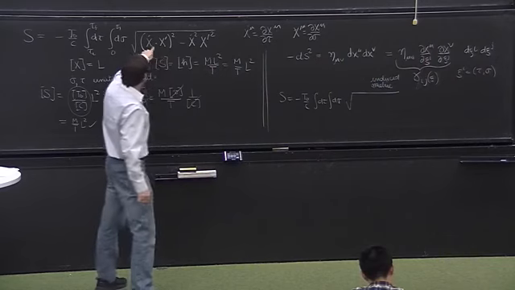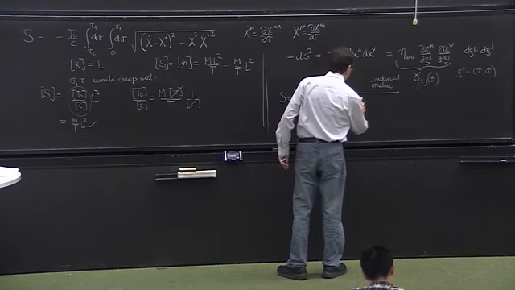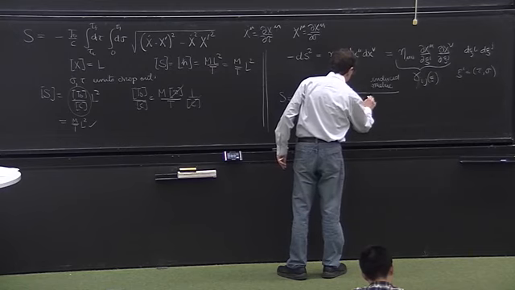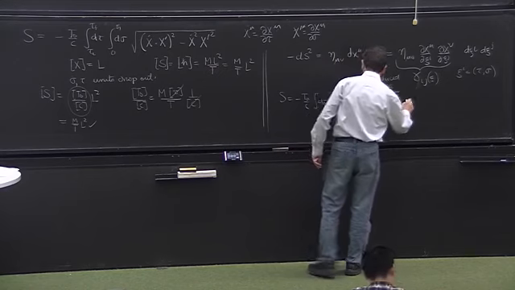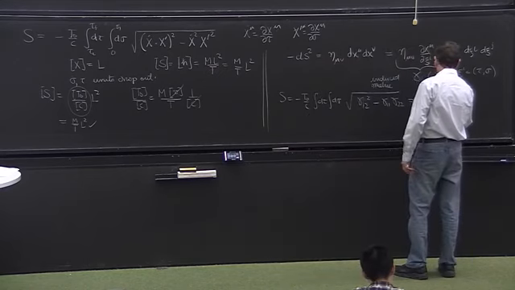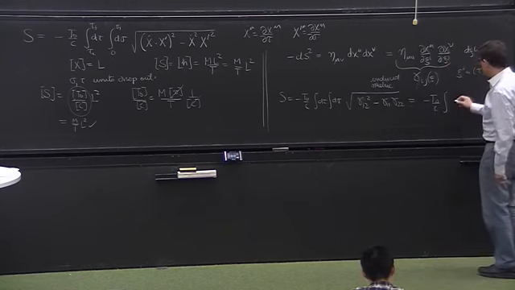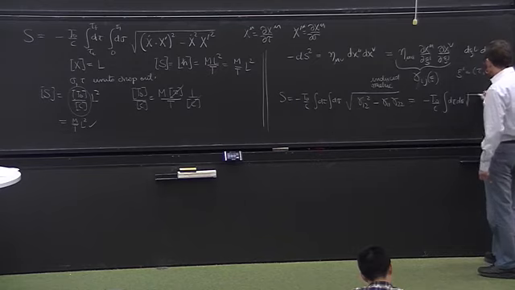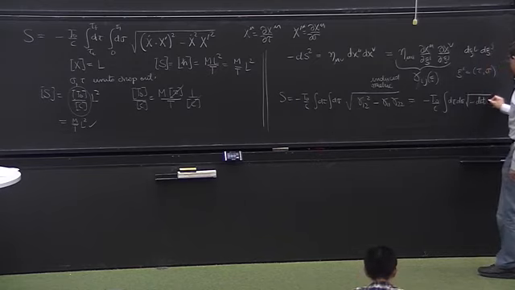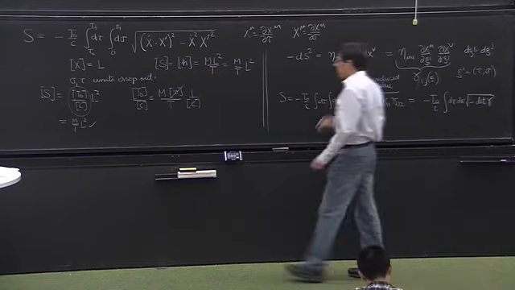So this is gamma 12 squared minus gamma 11 gamma 22. So it's minus T0 over c integral d tau d sigma square root of minus the determinant of gamma. That's minus the determinant of gamma.